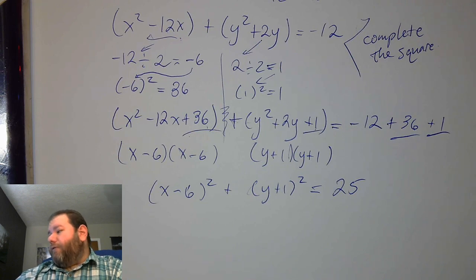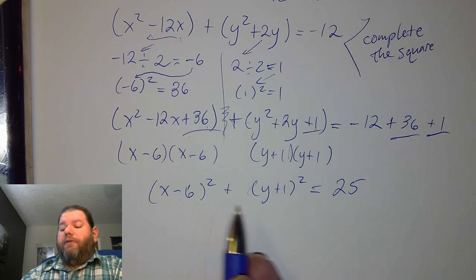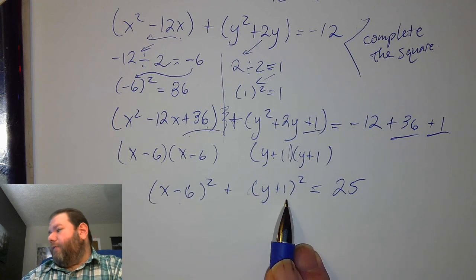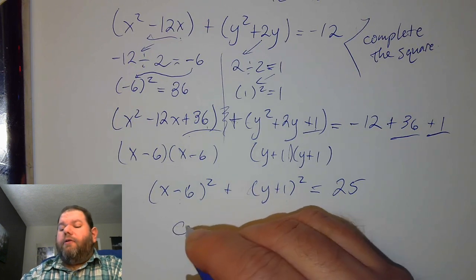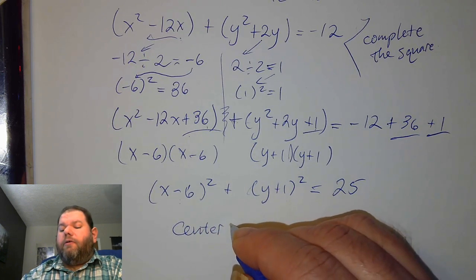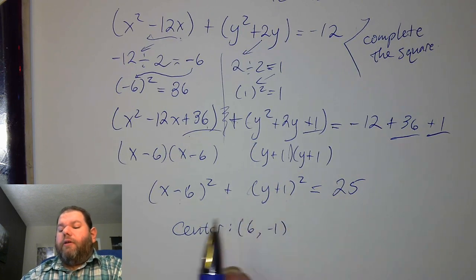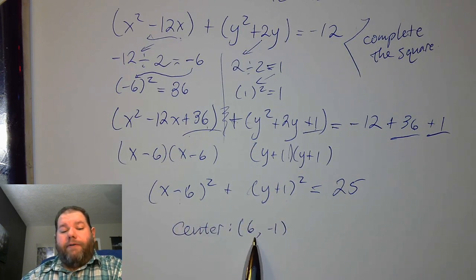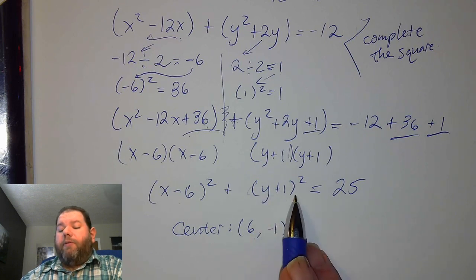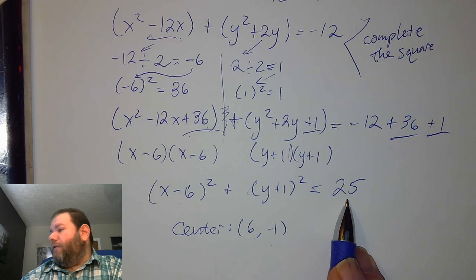So the center of the circle, again, we take the opposite of these two numbers, so it's positive 6 and negative 1. Good. Again, this is x minus 6, we get a positive 6 there. This is y plus 1, so that gives us a negative 1. What about the radius?